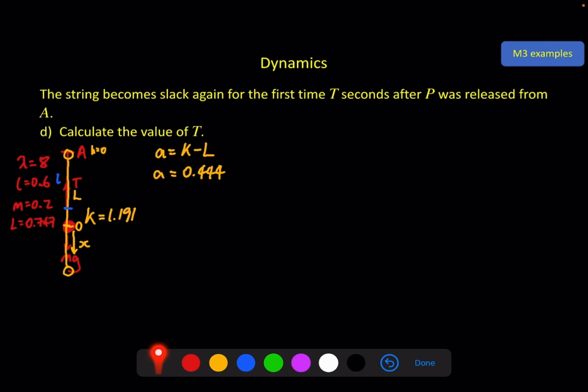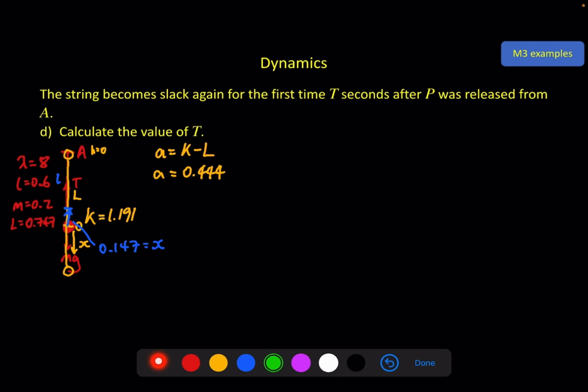So what we're going to need to do here is to calculate the time it takes to fall freely under gravity to here. Then from this distance, the time it takes to oscillate back to this distance, which from the center point O is 0.147. So that will be our x value when we calculate the time during the simple harmonic motion. First I'm going to do the freely under gravity part.